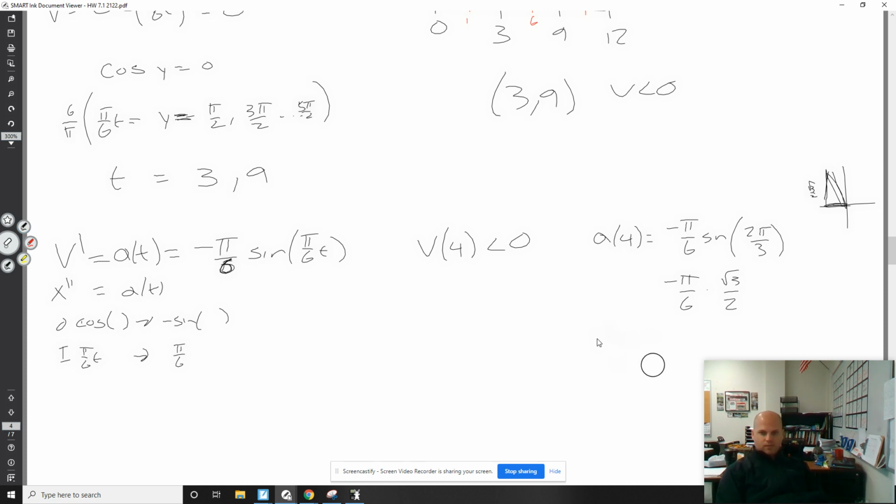I'm speeding up to the left. Okay. Now, what you would say is that v of 4 and a of 4 have the same signs. Therefore, speed is increasing. Okay, that's it.